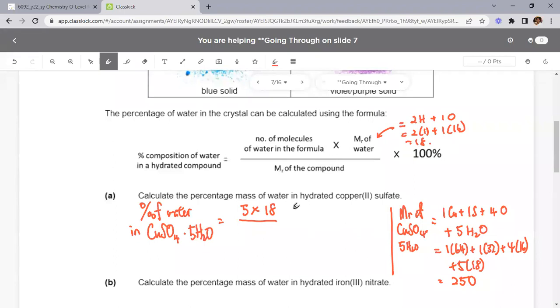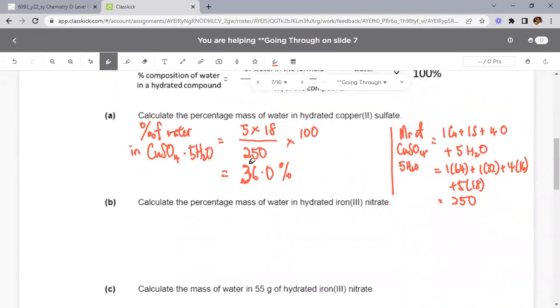So you get 250. Then 90 over 250 multiplied by 100. So press your calculator. You're going to get 36%. So this is 36.0%. Right? 36.0%.